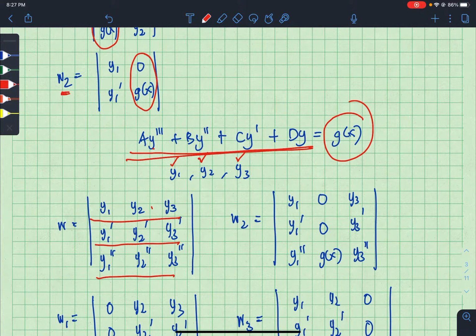So y sub p then is equal to theta cosine theta minus tangent, which is sine over cosine. So cosine would cancel out, so that would just leave us to have sine theta. And then minus sine theta multiplied with ln of cosine theta. So that is our y sub p.